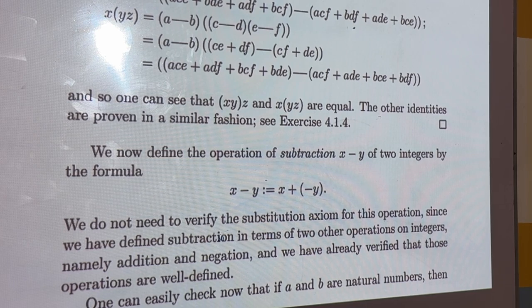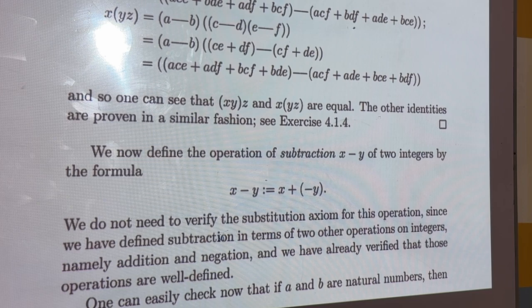You have to be careful. X minus y, now he is using our minus sign, is x plus minus y. X minus y is defined to be x as an integer plus minus y as an integer. So here is the definition of x minus y.